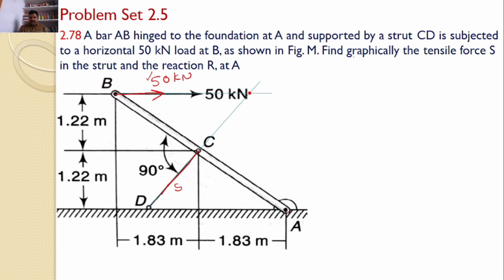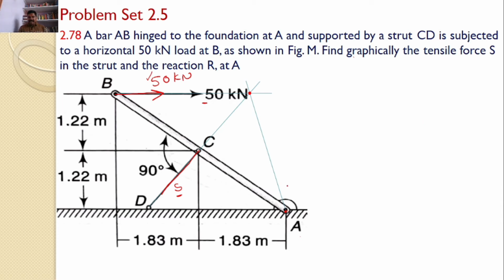That means the third force, that is the reaction at A, must pass through this point and the point A. Hence, I can easily identify the direction of reaction A by drawing a line passing through this point and this point. So I know the magnitude and direction of 50 kilonewtons, the direction of the S force, and the direction of reaction at A.